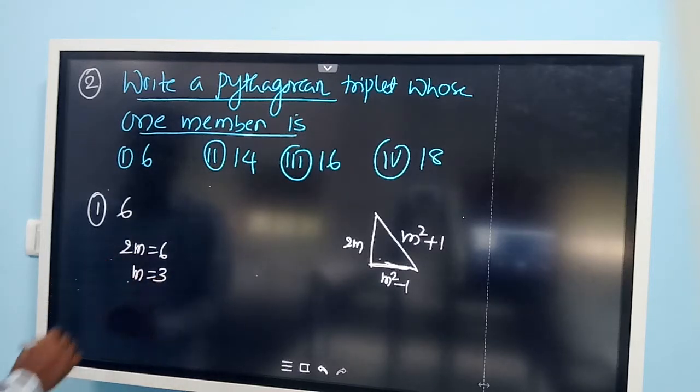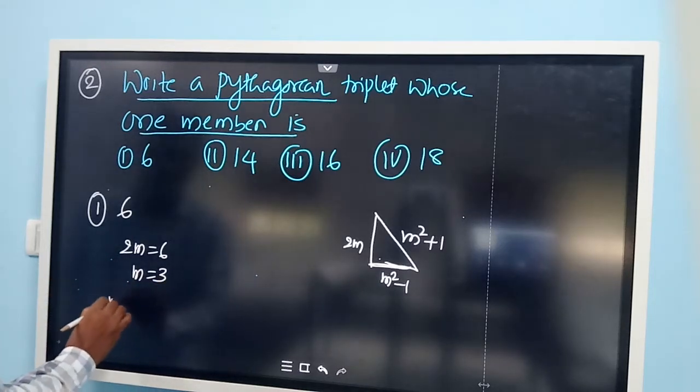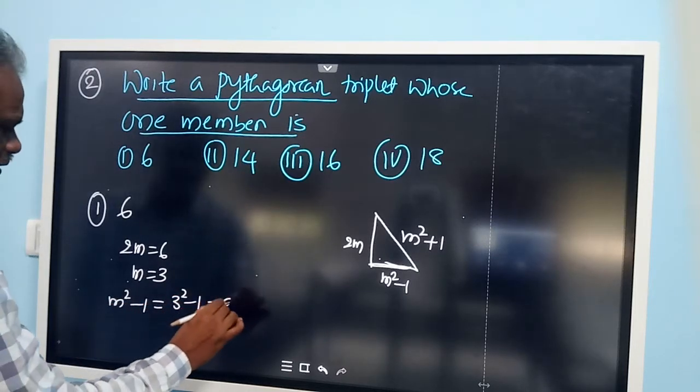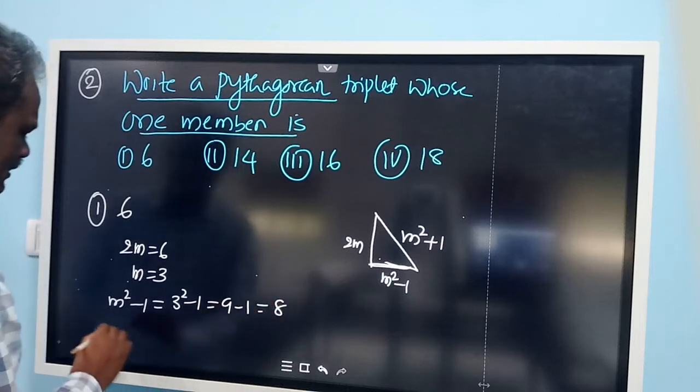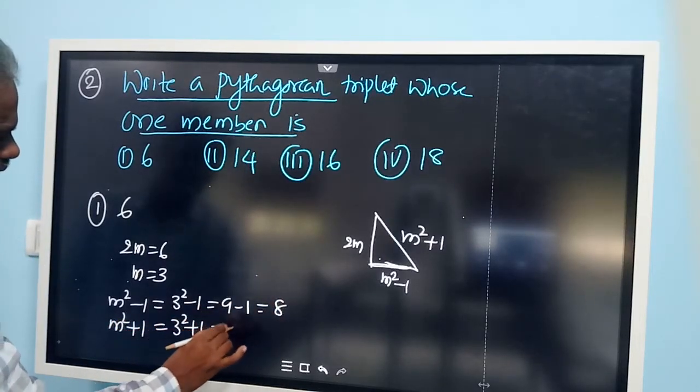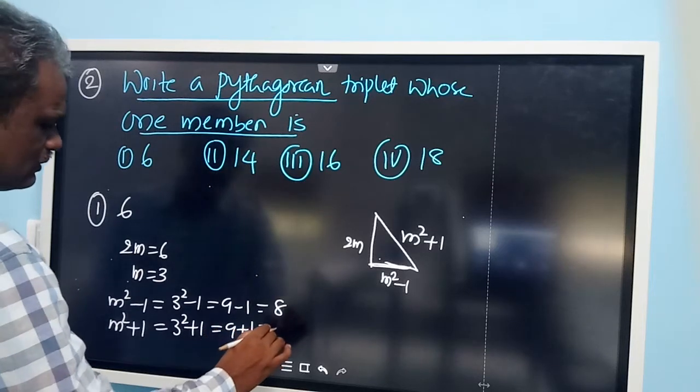Now m is equal to 3, so m squared minus 1 is 3 squared minus 1, 9 minus 1, which is 8. M squared plus 1 is 3 squared plus 1, 9 plus 1, which is 10.